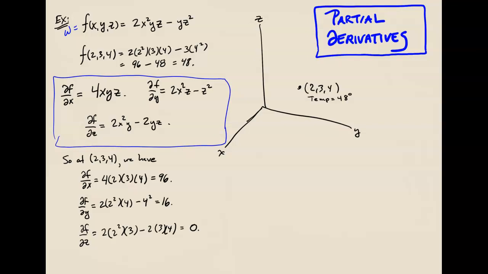For example, if we wanted to know, say, what is the value of f of (2.002, 3, 4)? So we've taken a point very close to where we started. We've just moved it a tiny little bit in the x direction. Well, we know that that is going to be approximately equal to the value of f at (2, 3, 4).